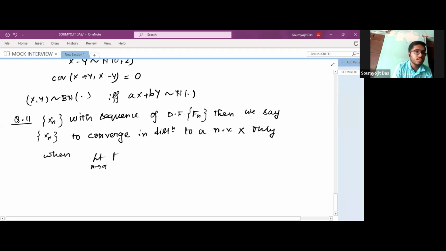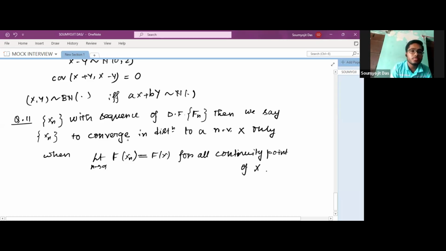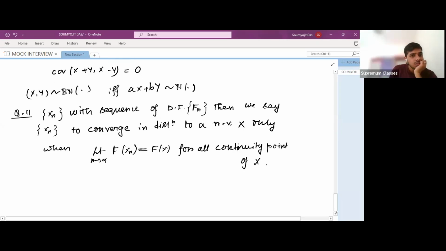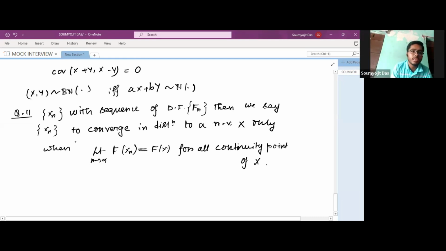only when limit n tends to infinity, F of Xn will be equal to FX for all continuity points of X. Sir, it is going to the X random variable.